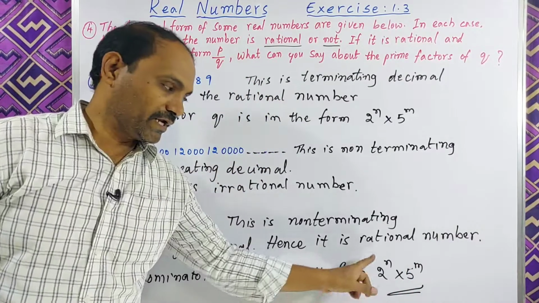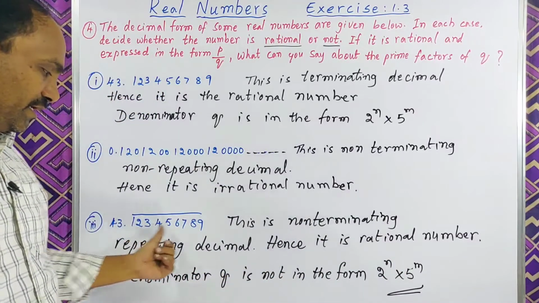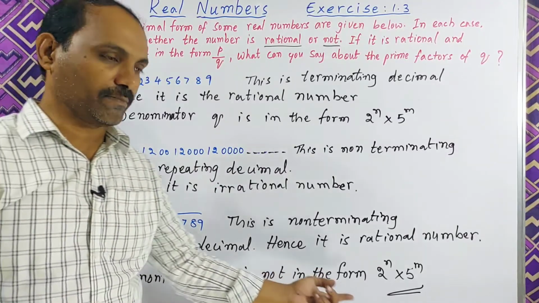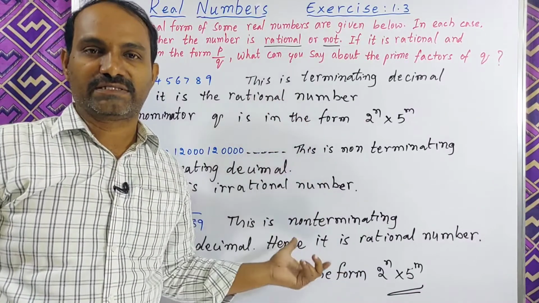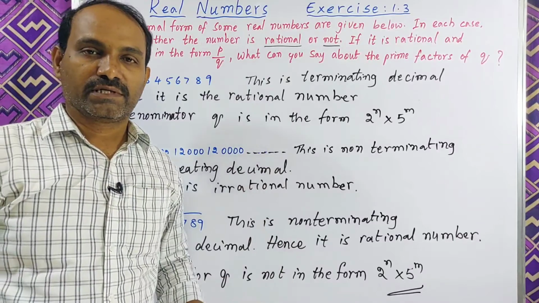If it is 2 power n into 5 power m, then it is terminating. Here it is non-terminating repeating, that's why the denominator q is not in the form of 2 power n into 5 power m. Is it understood? This is the answer for the fourth question. Thank you very much.